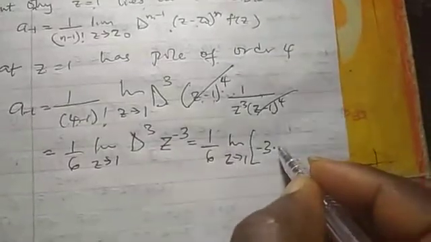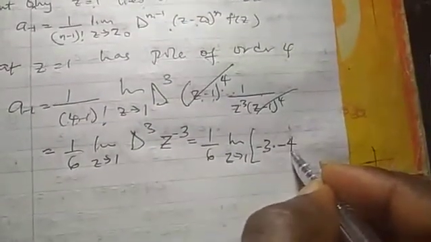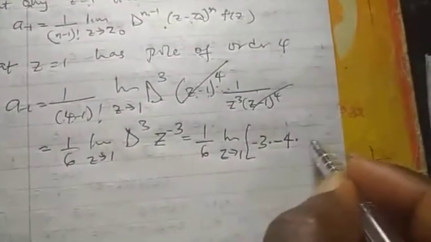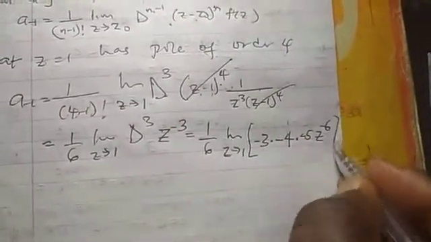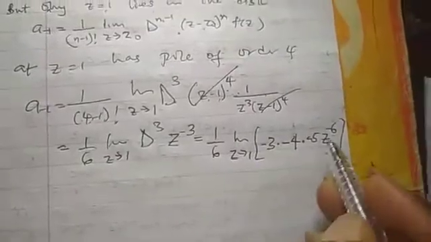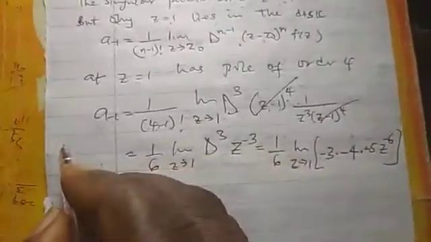If I differentiate a second time, it will be minus 4 z raised to power minus 5, and finally z raised to power minus 6, like that.